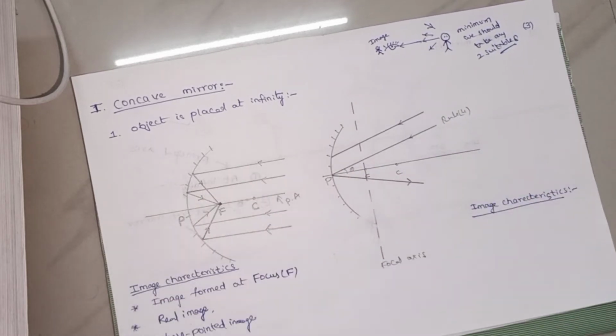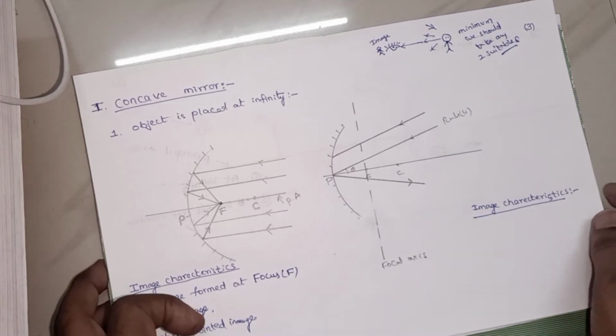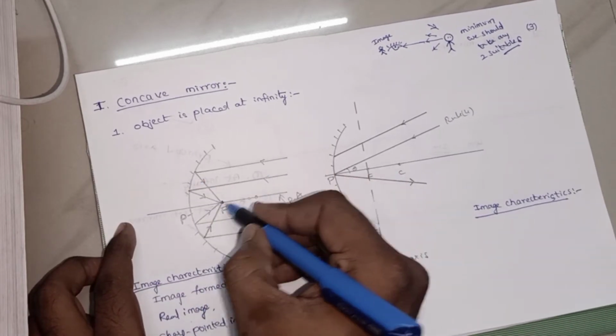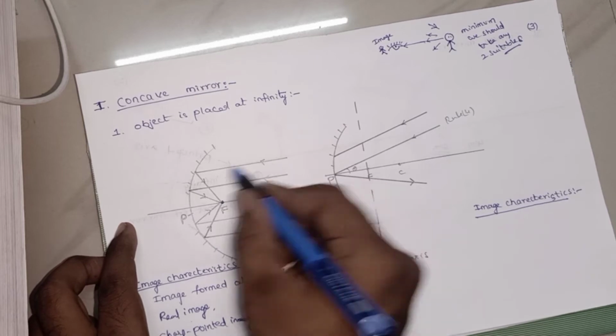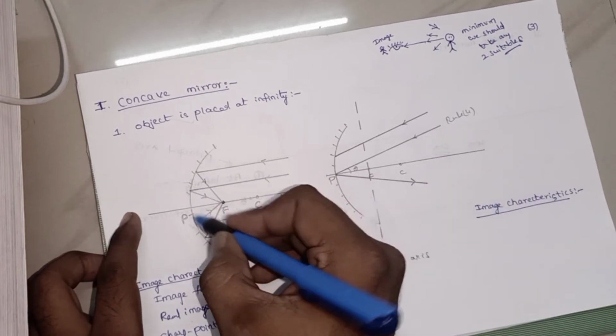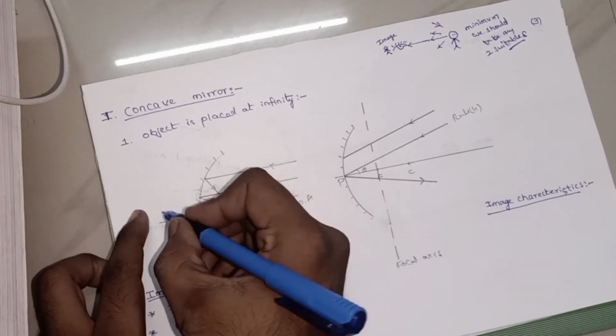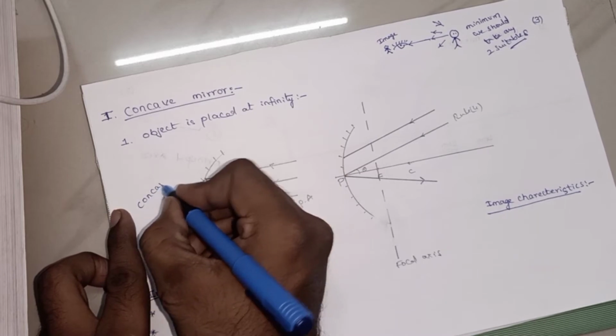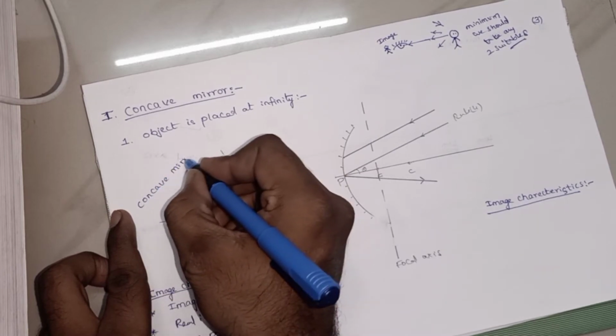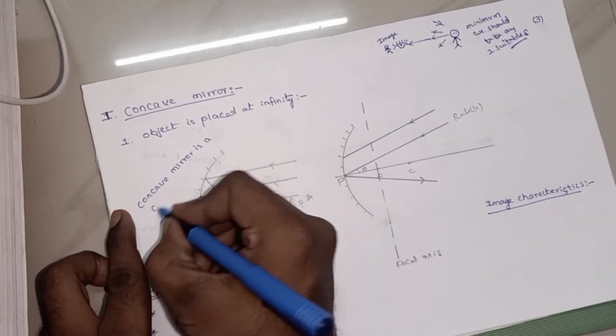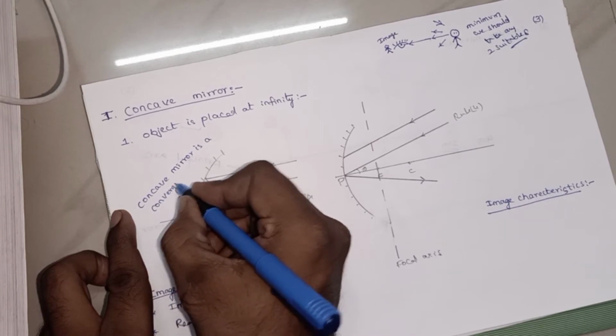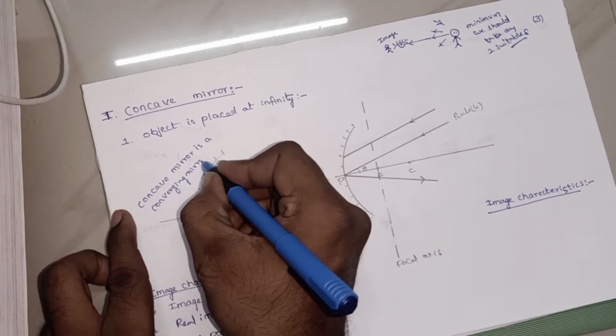Here one more point we need to discuss. That point is, see how the rays meet together after reflection. So they meet together. So a concave mirror is a converging mirror.